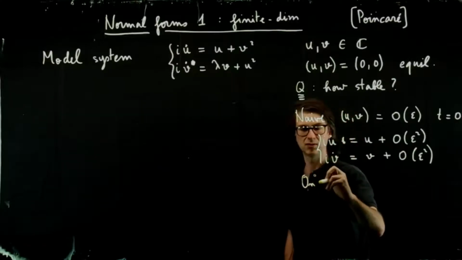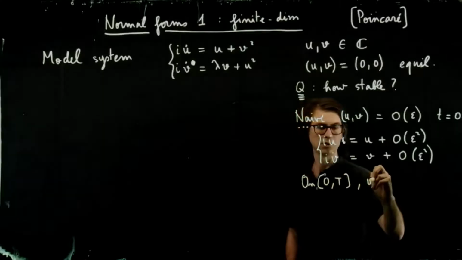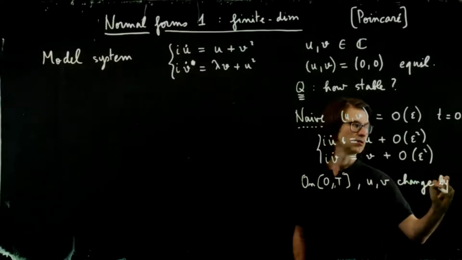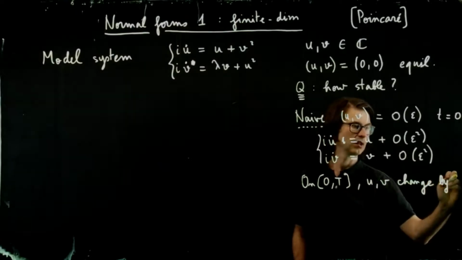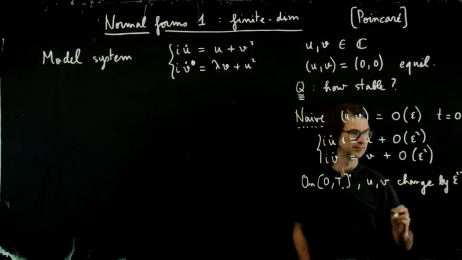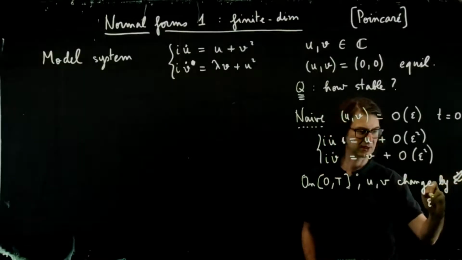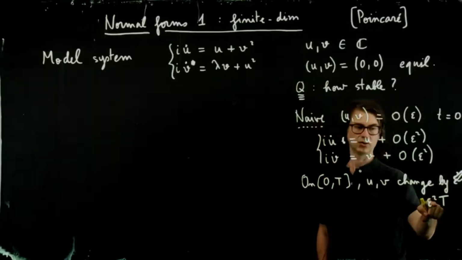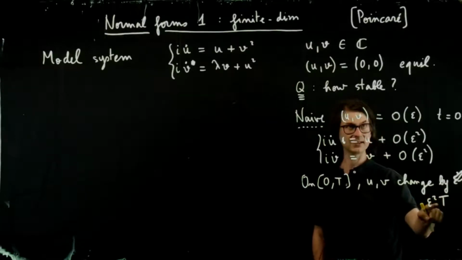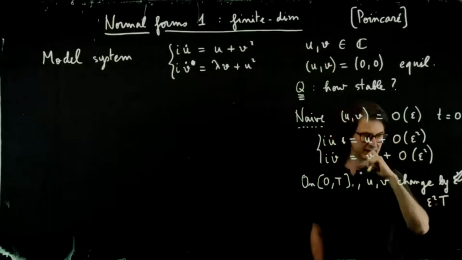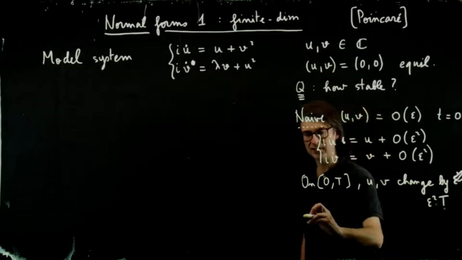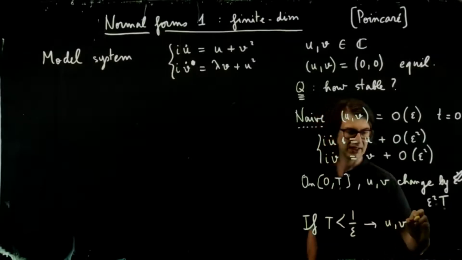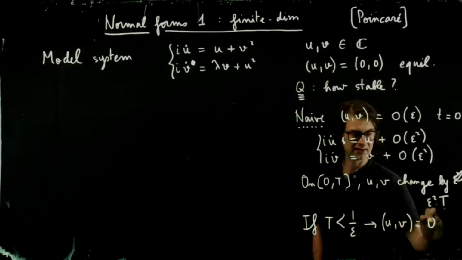So on 0 to capital T, U, V change by epsilon squared capital T. In order for this to be less than epsilon, I need T to be less than 1 over epsilon. So if T is less than 1 over epsilon, U and V remain of size epsilon.